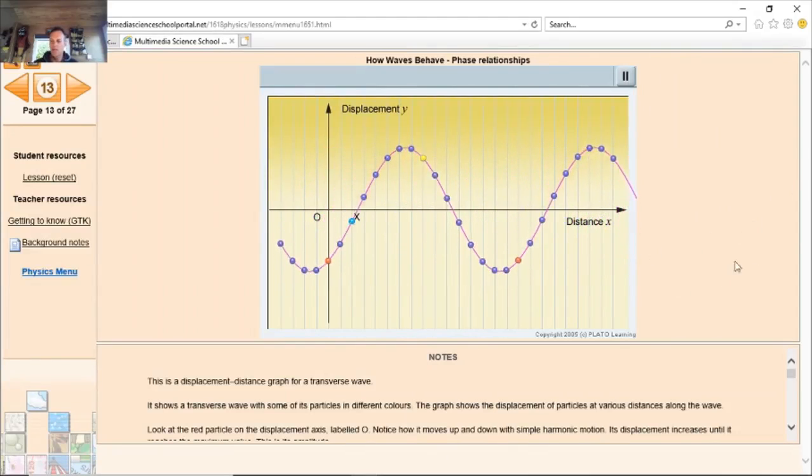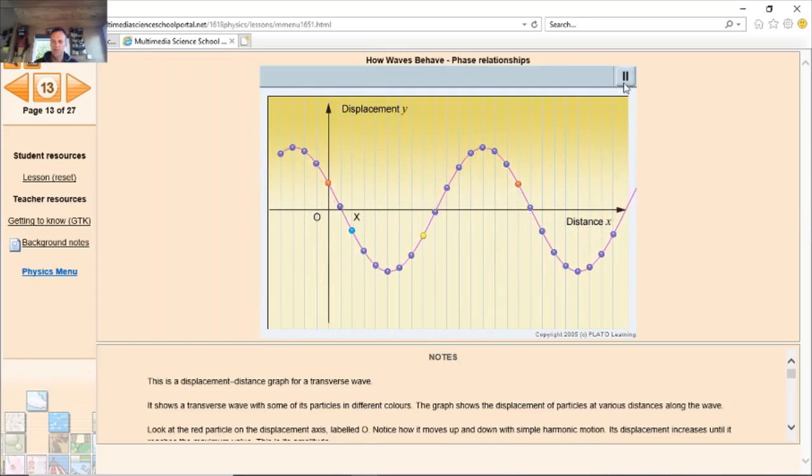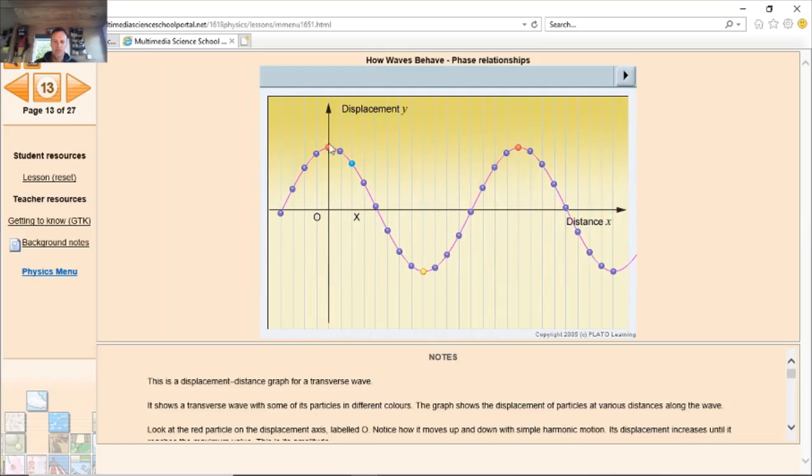Now, they can ask you in examination questions what's going to be the phase shift between the two particles. This one and that one, can you see here, one is up, one is down. That's going to be the 180 degrees out of phase, and then that's going to be all in pi radians. Now, from here to here, that phase shift is going to now be pi or 90 degrees.